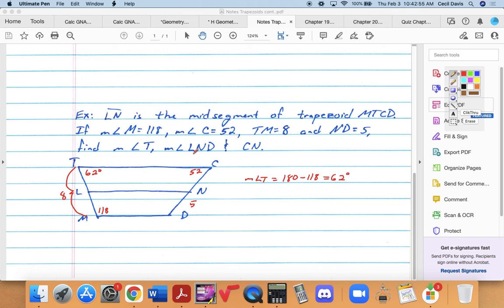And then let's see, the measure of angle LND, this angle right here. Could you go and find what angle D is from angle C, and then find the interior angles of trapezoid LMDN?